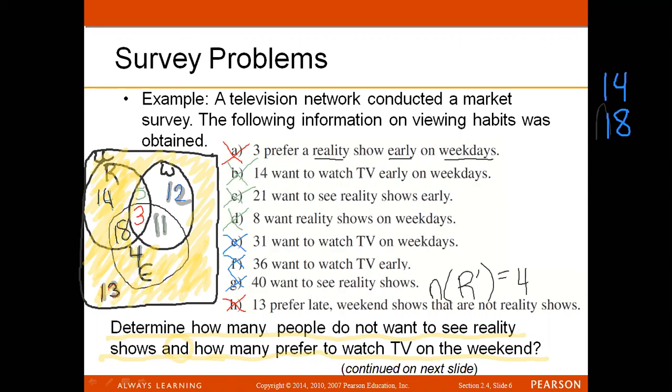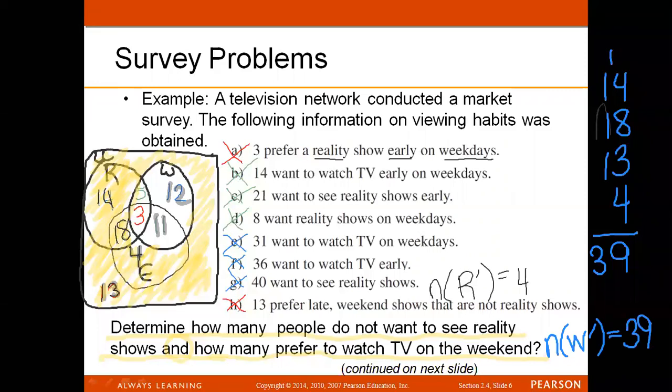We have 8 and 8 is 16, 17, 18, 19, carry the 1, 39. So the number of people who like to watch TV on the weekends, so not the weekdays, is 39.